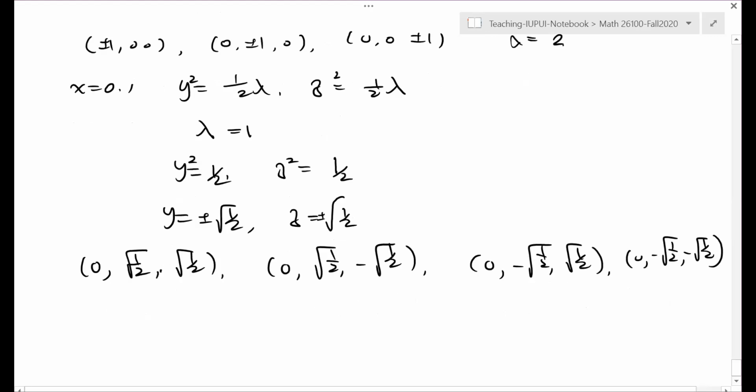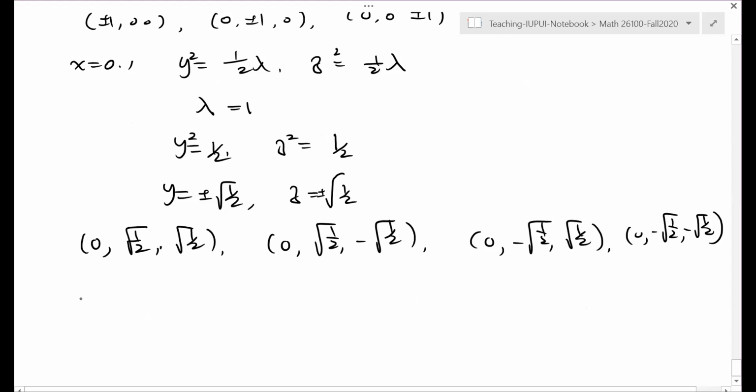And the last case is where none of them is 0. x squared equals 1/2 lambda, y squared equals 1/2 lambda, z squared equals 1/2 lambda. In that case, add them together, 3/2 lambda equals 1. So half of lambda equals 1/3.